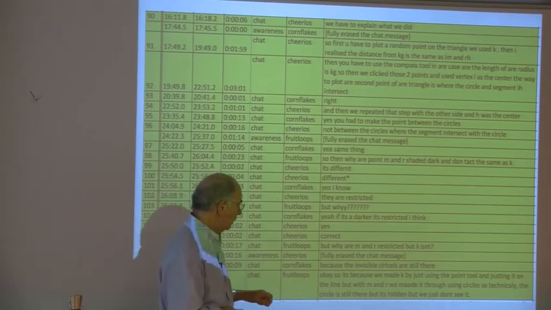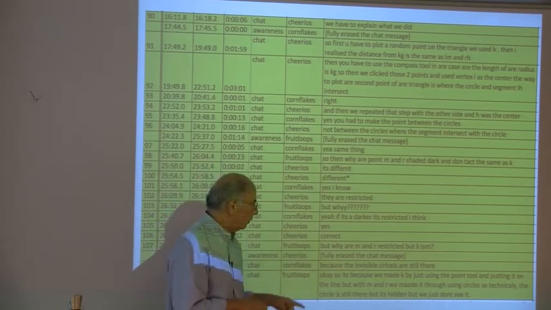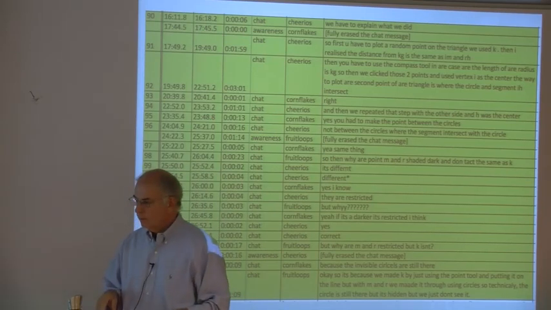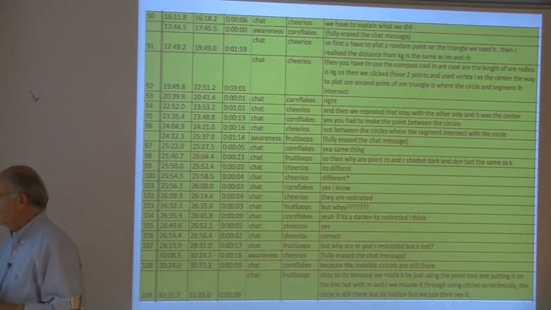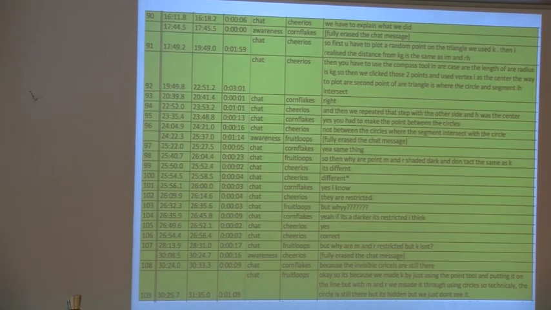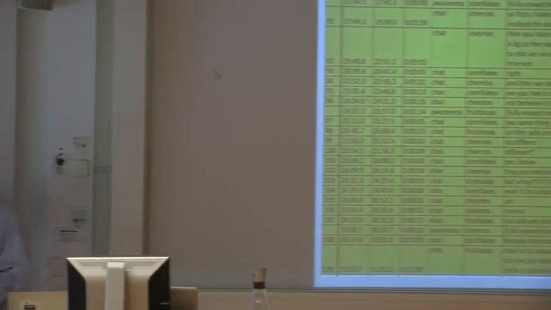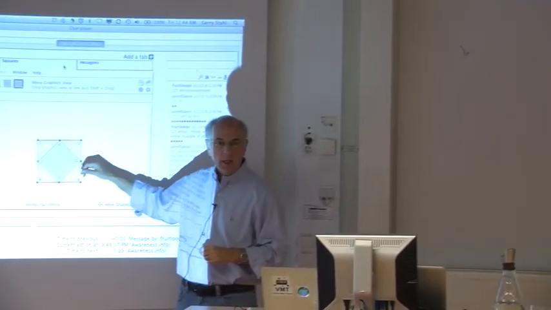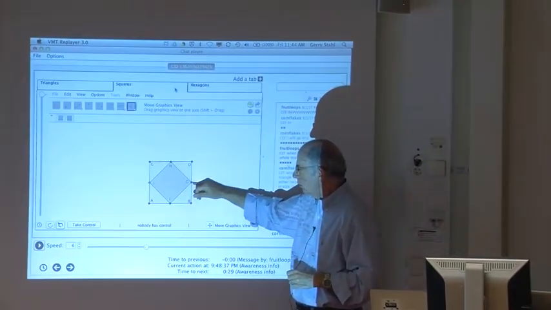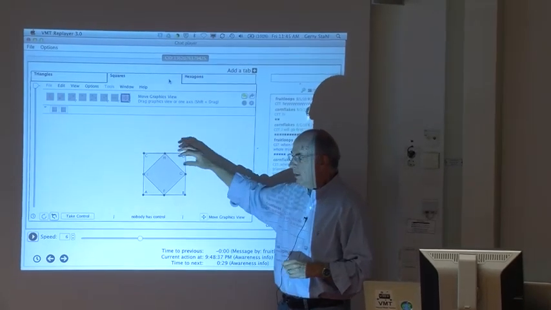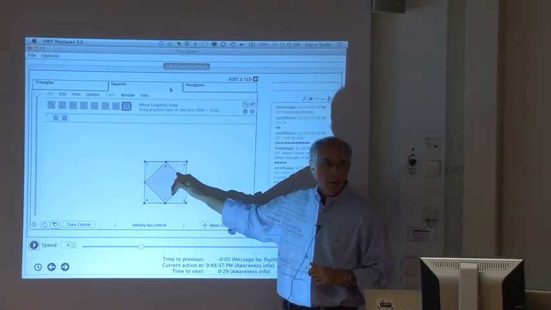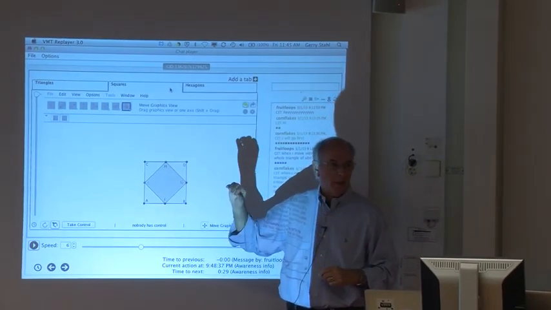They use the compass tool, which makes a little circle around a point, and that constrains the point to be at a certain location on the circle, and then they hide the circle, and that point is still constrained by the hidden circle.